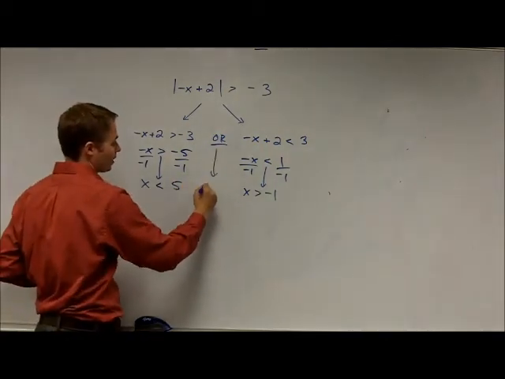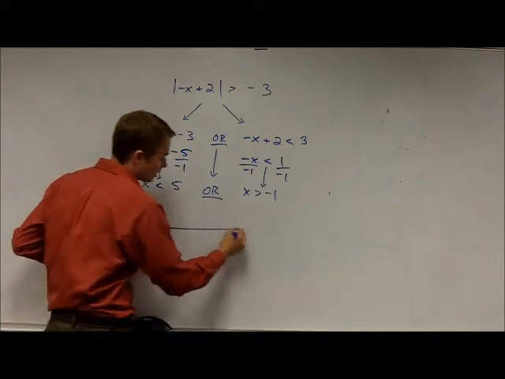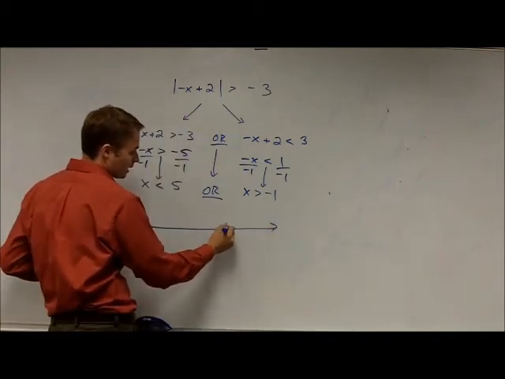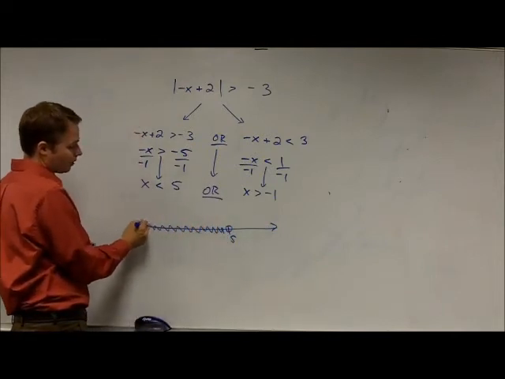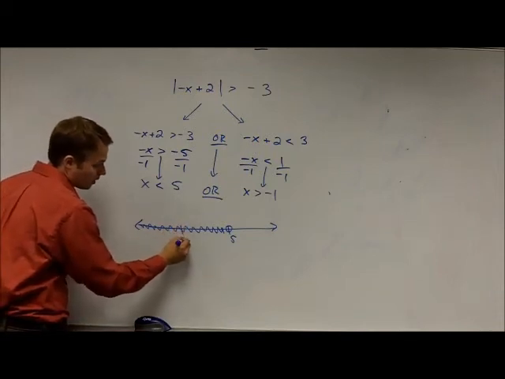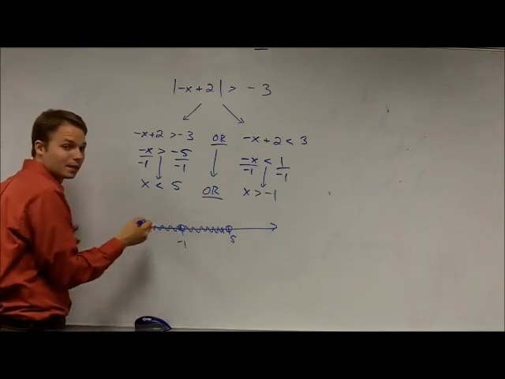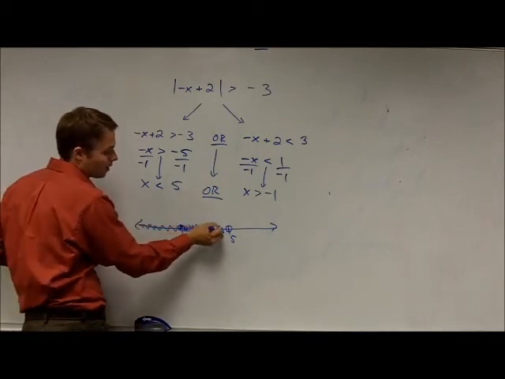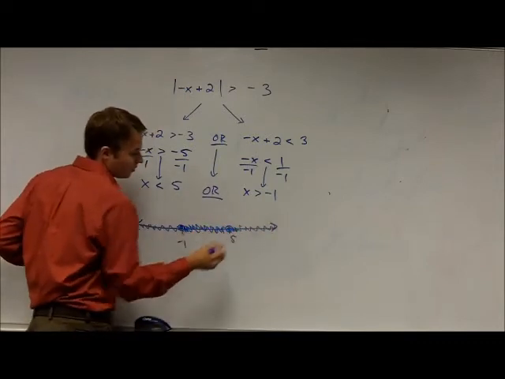Remember, the word we have going on here is or. So let's see if this answer makes sense. What are all of the numbers that are less than 5? Well, it would look like this on our number line, right? All the numbers less than 5. But all the numbers that are greater than negative 2, that includes positive 5, all the way up to infinity.